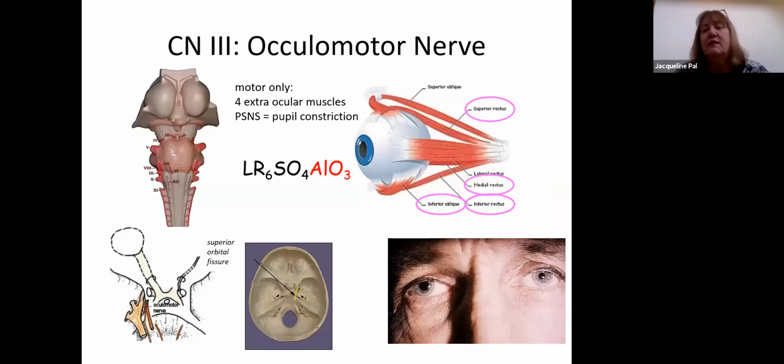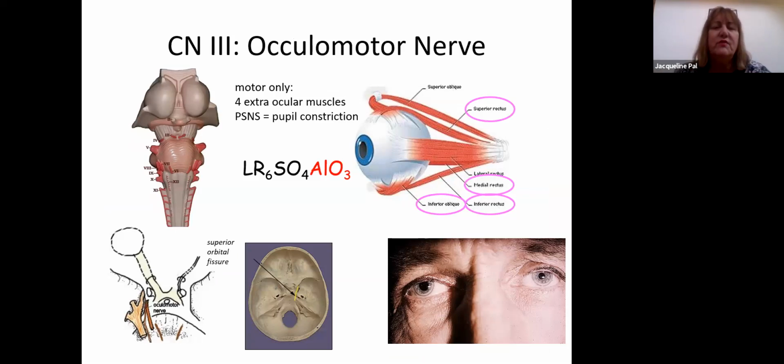All right, now let's talk about the third cranial nerve, which is the oculomotor nerve. And this one is motor only, and what it is motor to is 4 of the 6 extraocular muscles, or the muscles that move your eyeball when you are following the bright light at your physical.